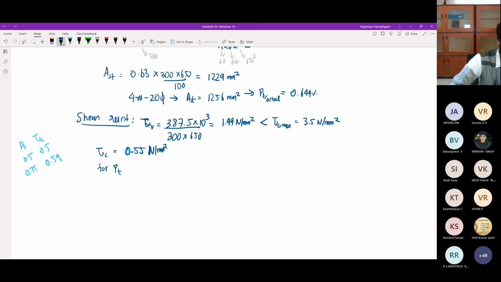If you want, you can do interpolation and calculate exactly what it is for 0.644. I didn't want to waste time doing that, so I just guessed that it will be something close to 0.55 and I've taken that. Therefore the shear resisted by my concrete will be 0.55 into 300 into 650.